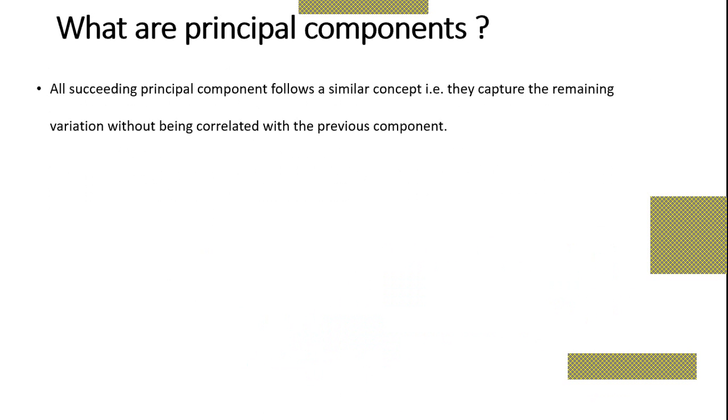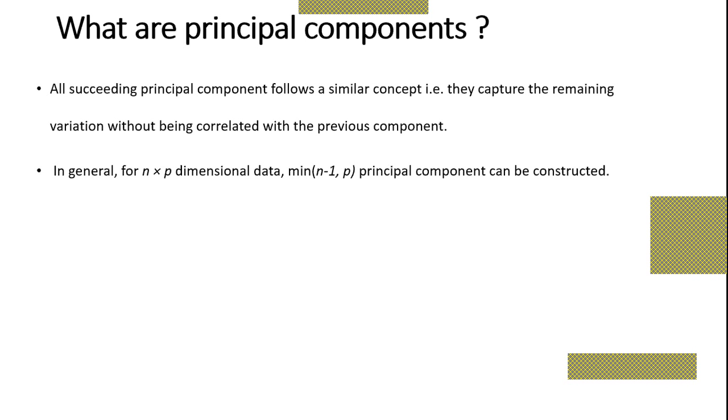All succeeding principal components follow a similar concept. That is, they capture the remaining variation, uncorrelated with the previous components. In general, for n by p dimensional data, a minimum of n minus 1 or p principal components can be constructed.